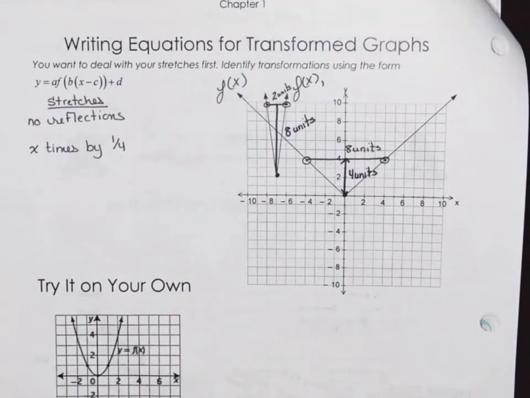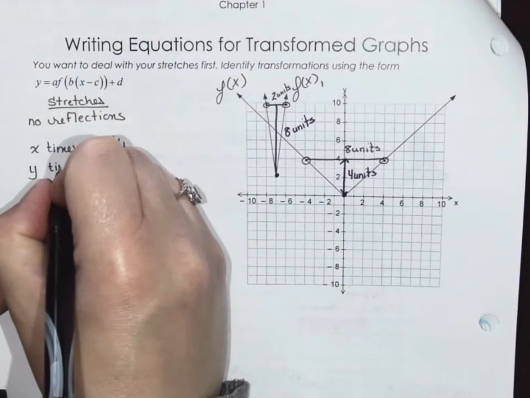Okay, so what happened to the y's, mathematically speaking? We were at 4, and now we're at 8. Times by 2. So y values.